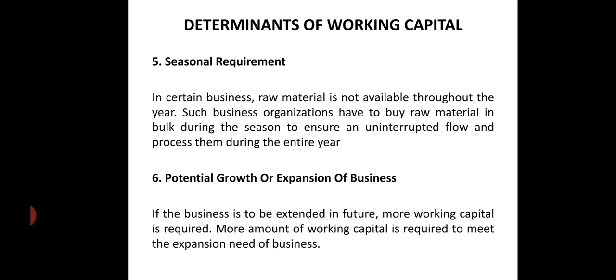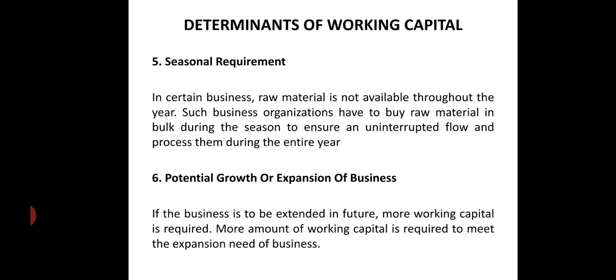These seasonal industries run only at the time of season. For example, the sugar industry produces particularly all the sugar between December and April. So in between December to April, they require more working capital compared to some other months.